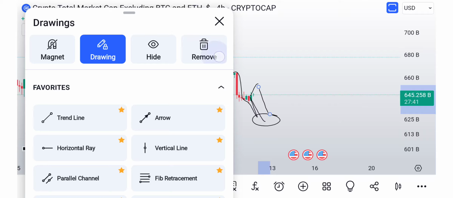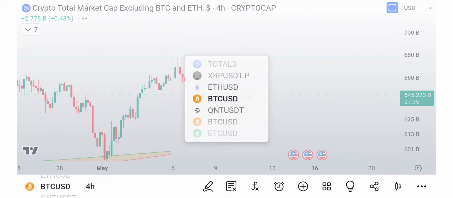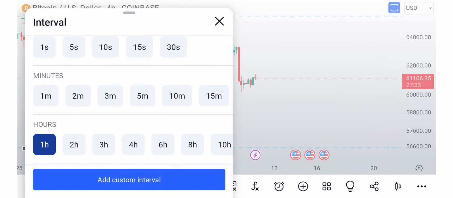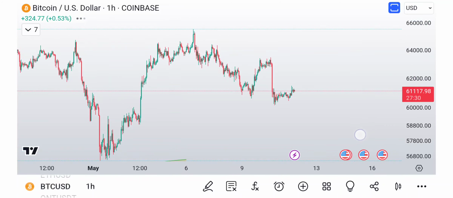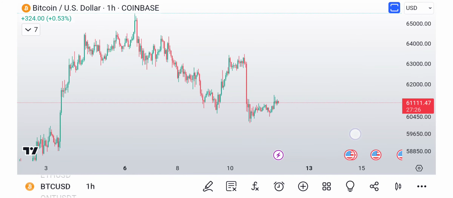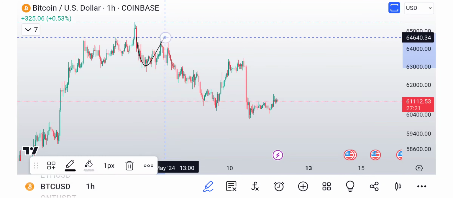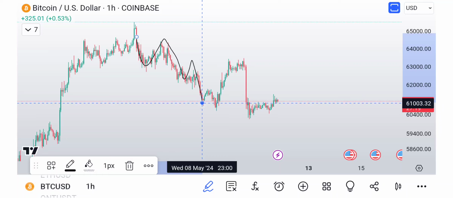So let me show the price up close. Actually, let's go to Bitcoin because that would be more ideal. I'll go to the 1 hour. So, yeah, it looks like we have 1, 2, 3, 4, 5.